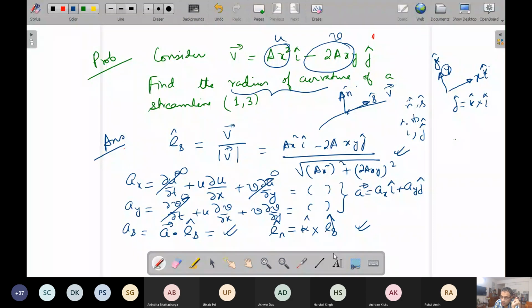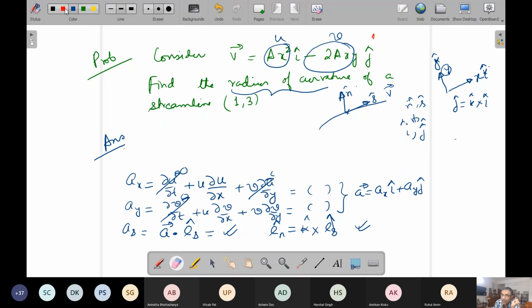The reason for getting e_n is that once you know e_n, you can now get the acceleration component along N. That is the acceleration vector dotted with the unit vector along N. You get an expression for this in terms of I and J, and the acceleration vector also in terms of I and J, so just make a dot product.